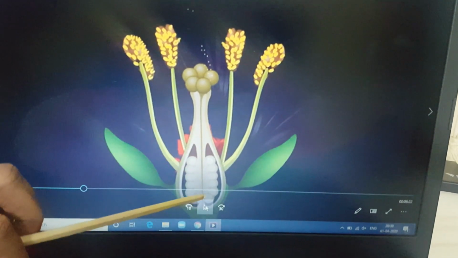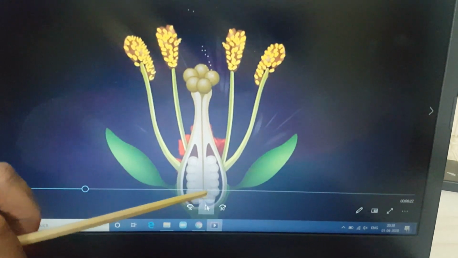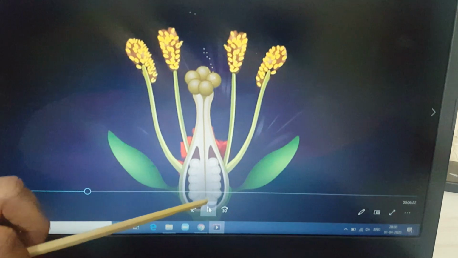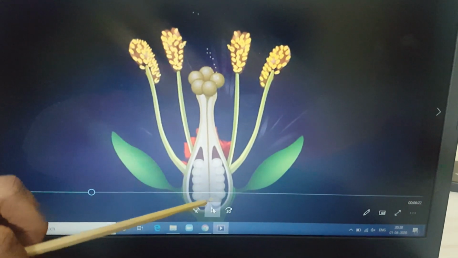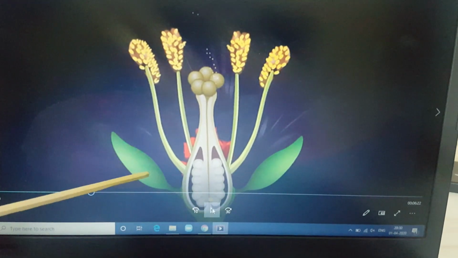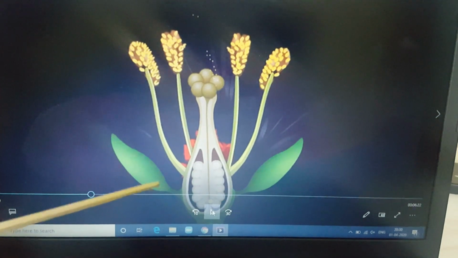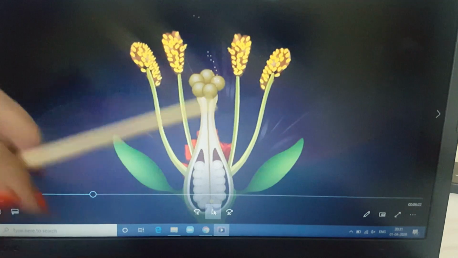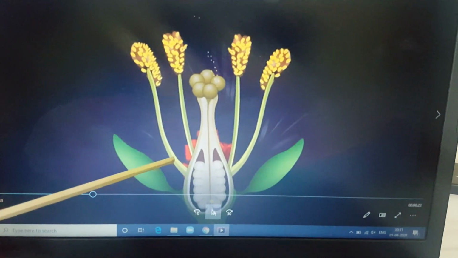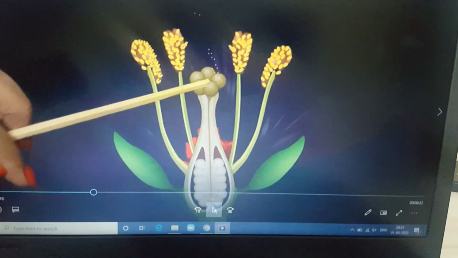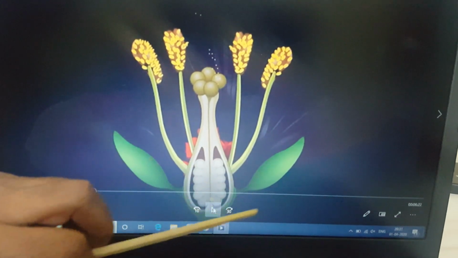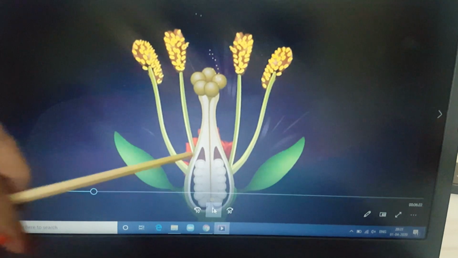Once the zygote is formed, once the male and female gametes fuse and make an embryo, the sepals also gradually dry and fall. Petals dry and fall. The stamens, what you could see around here, also dry and fall. Moreover, stigma and style also dry and fall. What you are going to see on the plant is just the ovary.